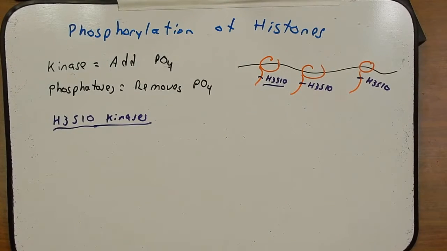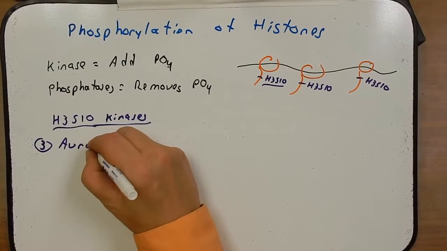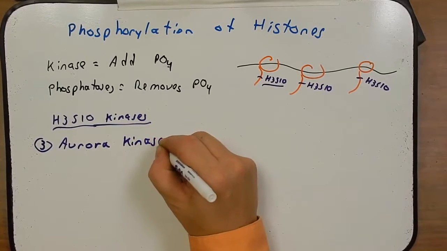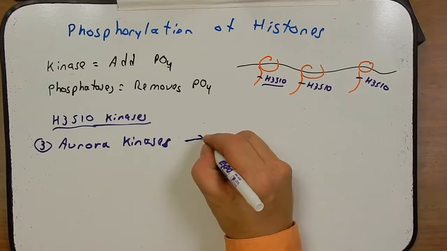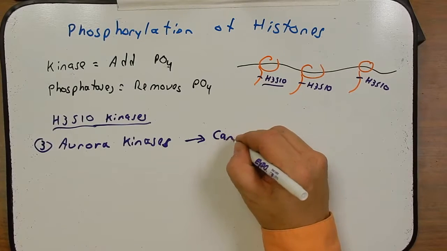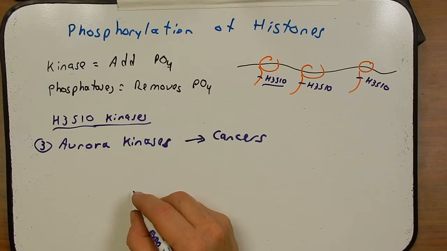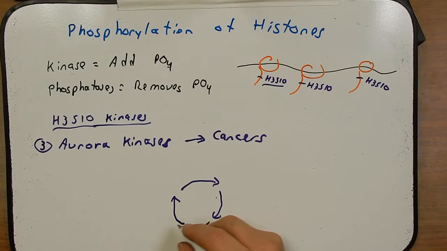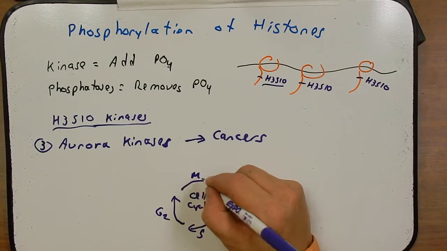Okay, now I want to talk a little bit about that third class, those Aurora kinases. Aurora kinases have been studied for a very long time, and they've long been known to be involved in cancers. And we know that these Aurora kinases will phosphorylate their targets during specific times in the cell cycle. So to remind you, G1, S, G2, and then our M phase.